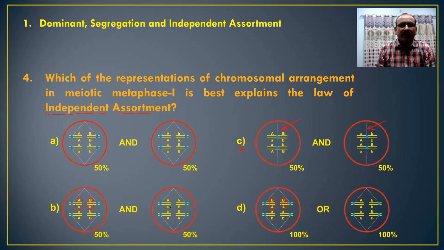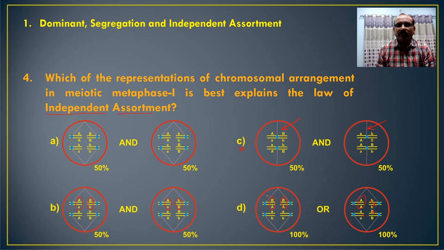On the first diagram of B, the second diagram of B is again the same: capital A and small a, then capital B and small b, different alleles present on the same chromosome. Hence in B and D there is not the possibility, and this diagram is wrong; it was because of copy paste.